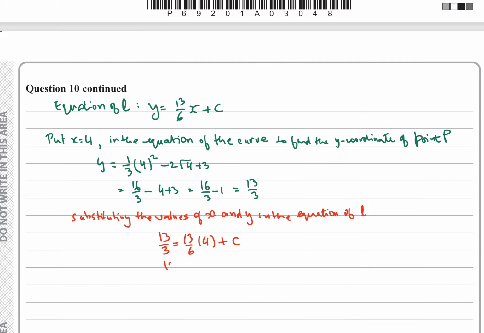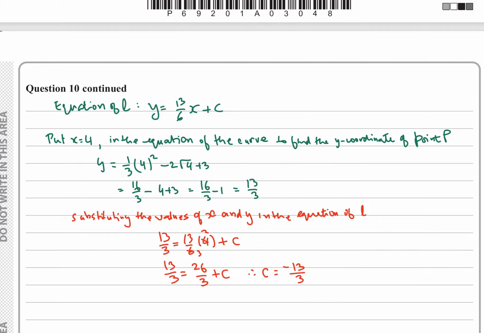So we get 13 over 3 is equal to 2 times 2 is 4, 2 times 3 is 6, so that is 26 over 3 plus c. Therefore c is equal to 13 minus 26, so that is minus 13 over 3.